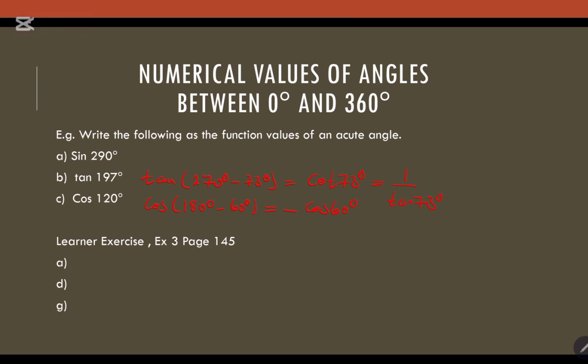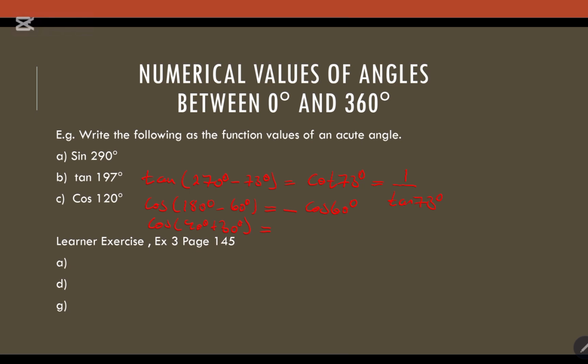We can also reduce this by using the vertical line, which is the 90 degrees. So we can simply say 90 degrees plus 30. 90 degrees plus 30 will give us 120 degrees. So I can still write this as cos of 90 degrees plus 30 degrees. 90 plus 30 will also give us 120.